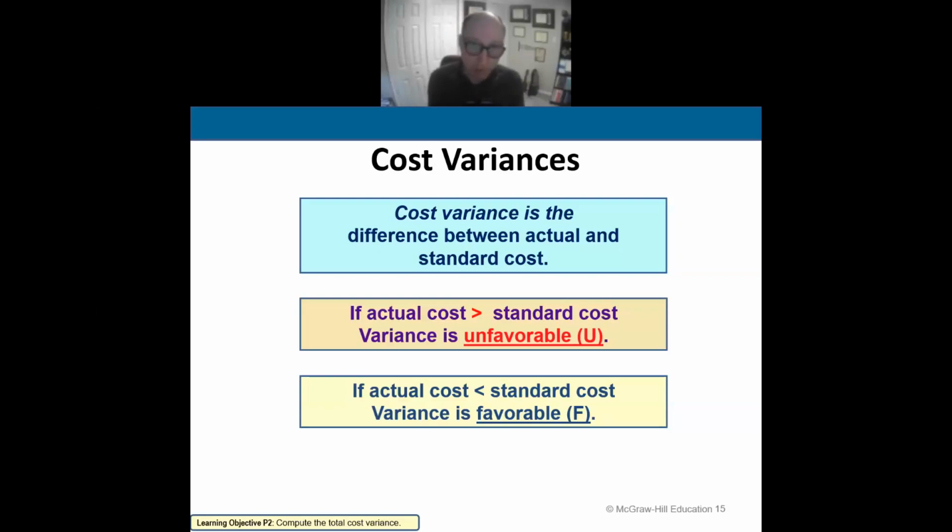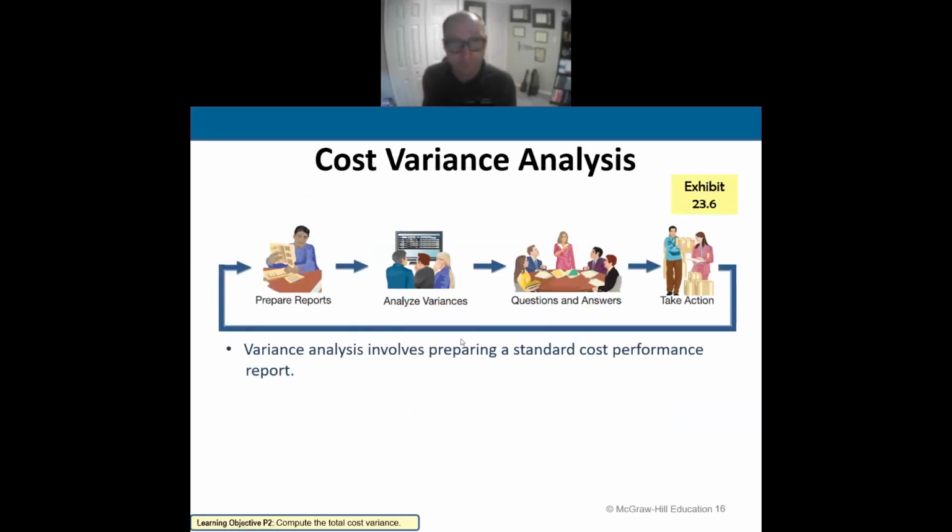If the actual cost is greater than the standard cost, it's unfavorable. It means the costs were higher than what I expected them to be. However, if the actual cost comes in less than the standard cost, it becomes favorable.